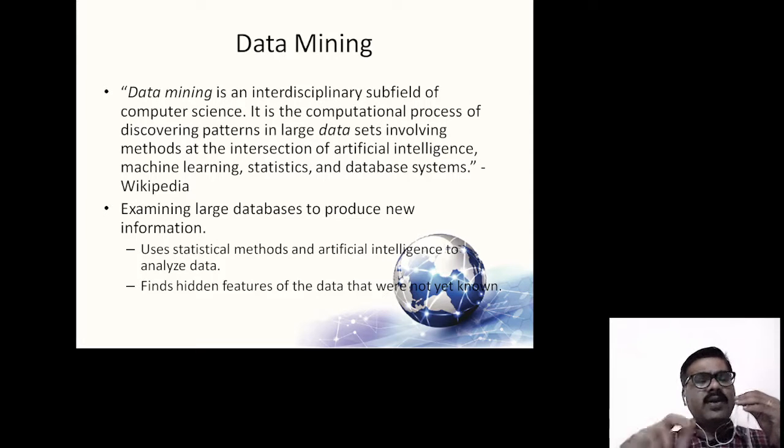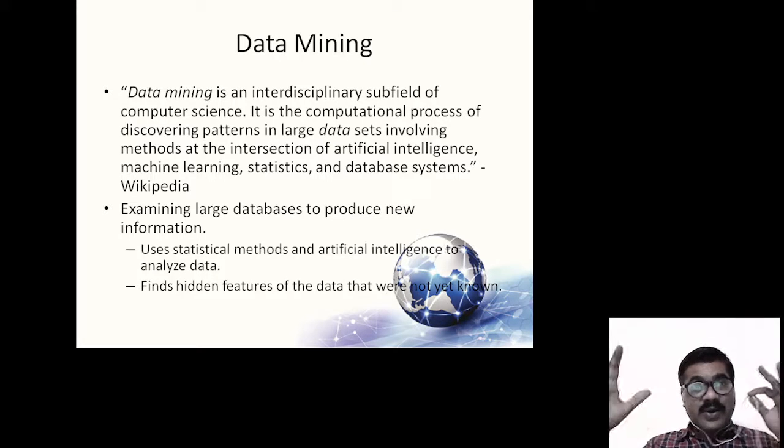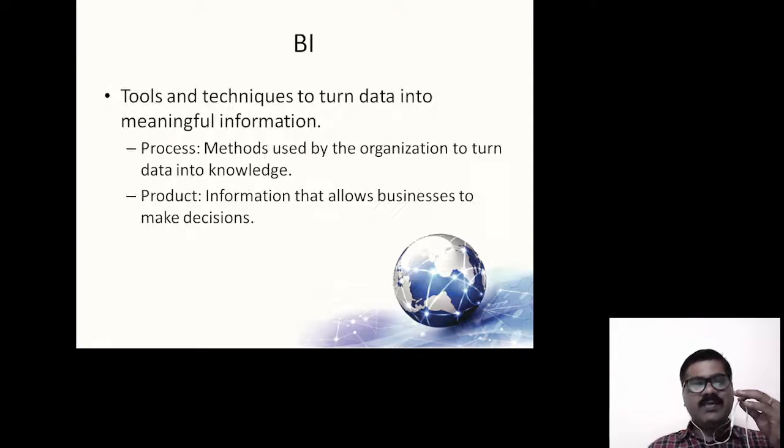The important feature of data mining is that it finds the hidden features. The features are not visible to the naked human eye, so we need some algorithm for processing it, to bring out the hidden features inside the data that are not known or seen through a normal process. So that is an overview of what data mining is about.